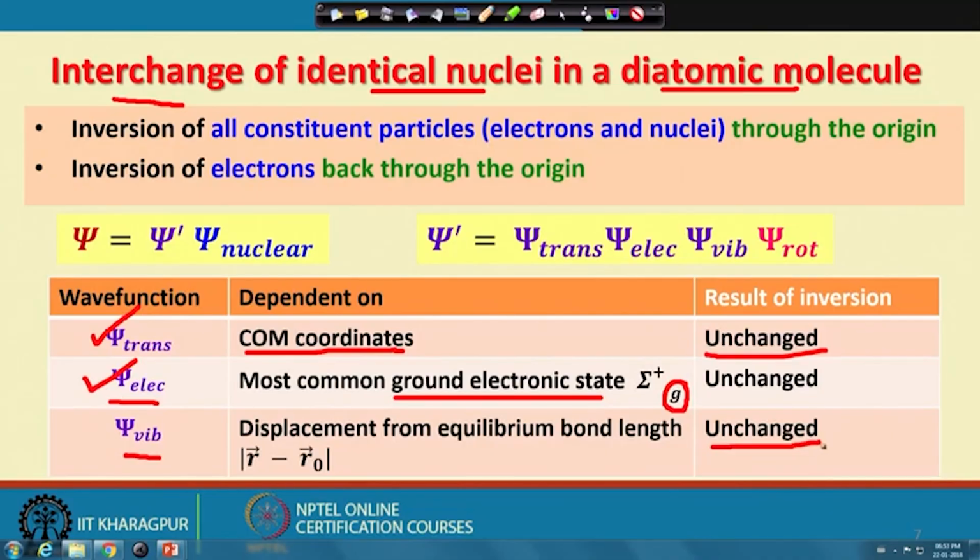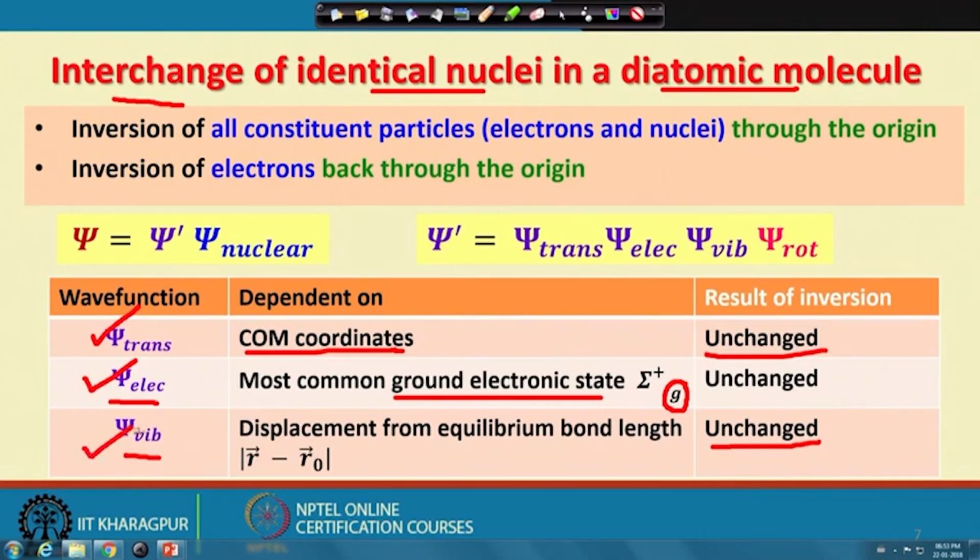Once again, this displacement within the molecule will remain unchanged when I interchange the two nuclei. As a result, all the three wave functions shown here, psi trans, psi electronic and psi vibration, will remain unchanged, and these are symmetric with respect to interchange of identical nuclei in the diatomic molecule.